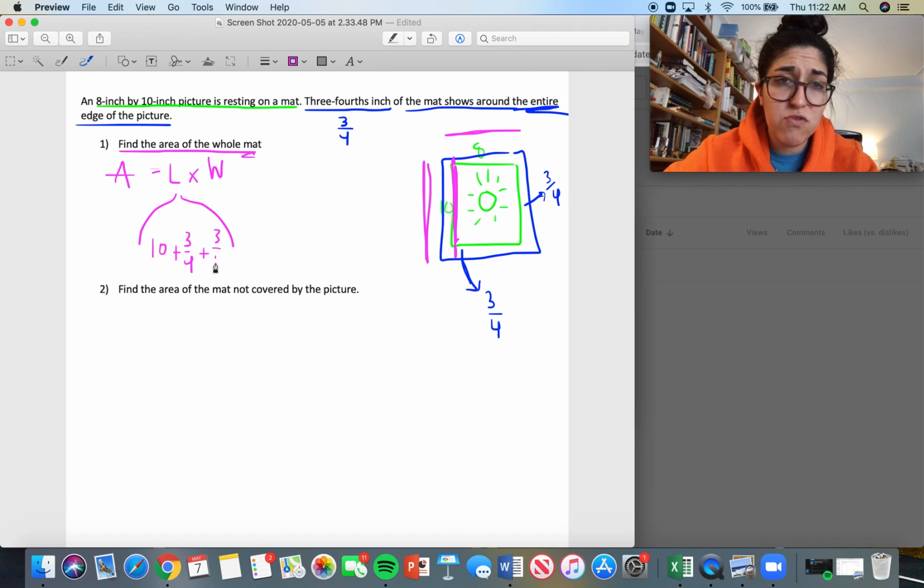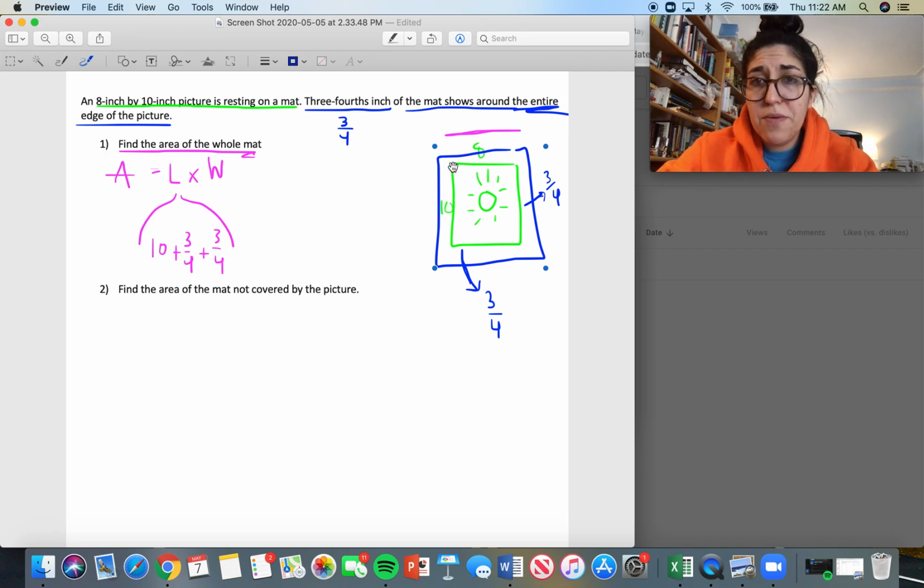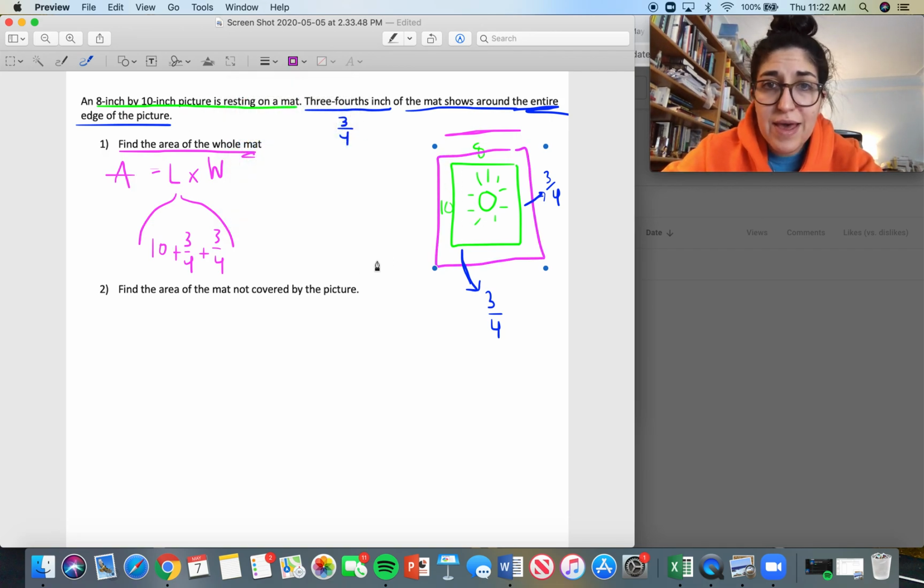So if I were to really zoom into this picture for a minute, right, let me actually take this and I'm going to make it bigger. The picture itself, the 8-inch by 10-inch picture, that is 10 inches, right? This here is 10 inches.